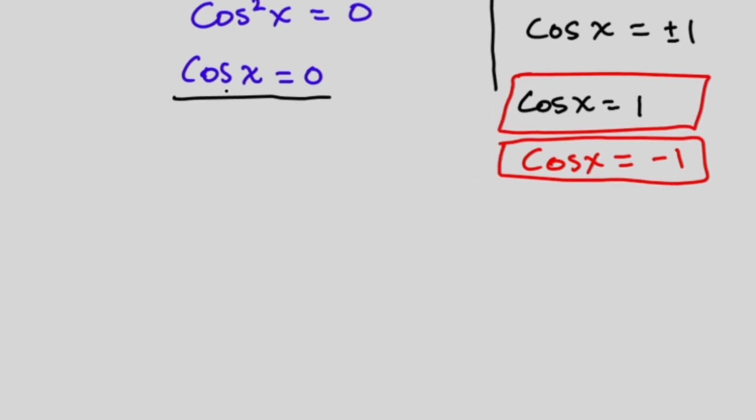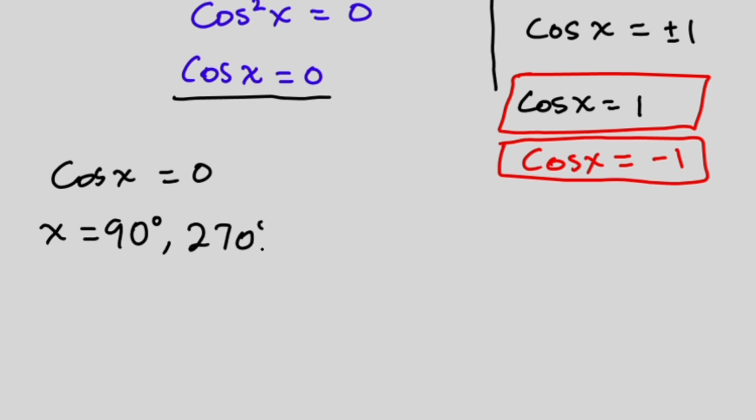Now considering this first equation, cos x equals 0 implies that x is equal to 90 degrees because cos 90 is equal to 0. But is that all the solutions to the problem? No, because x could also be 270 degrees, and also x can be 450 degrees.